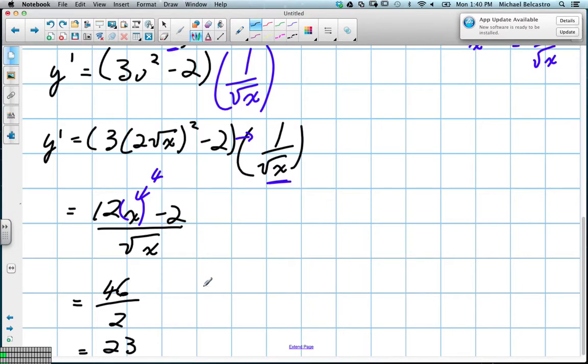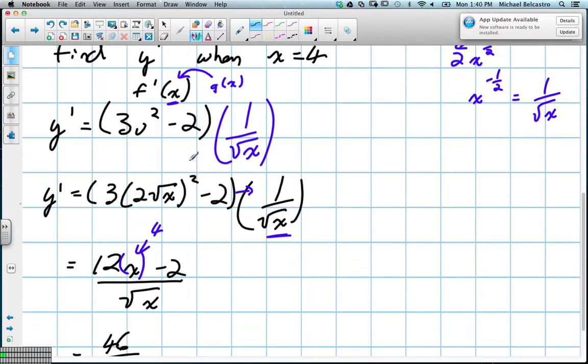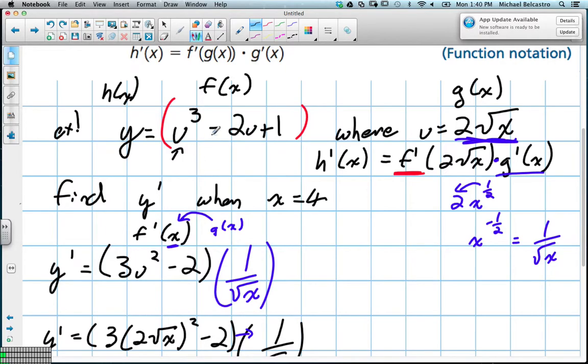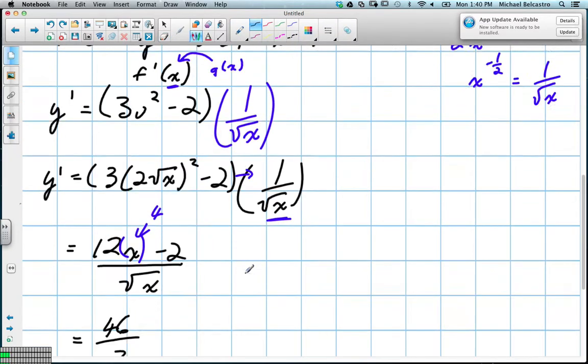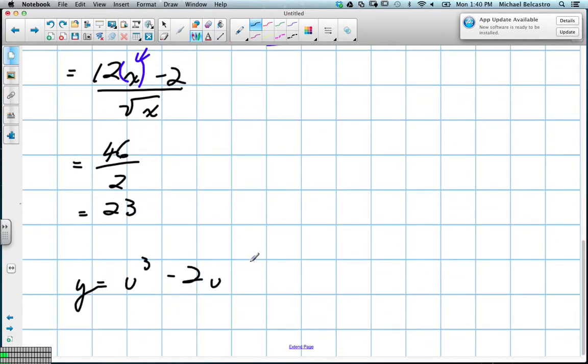This could be somewhat confusing, so I can show you another way that's a little longer and seems a little more logical. I'm going to substitute in my g at x to start this question. If we recall, the original function was y is equal to u cubed minus 2u plus 1, and they had told us that u was equal to 2 root x.